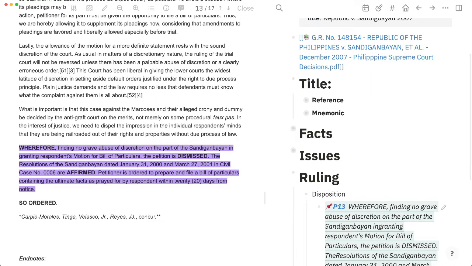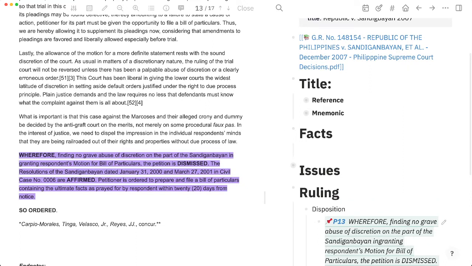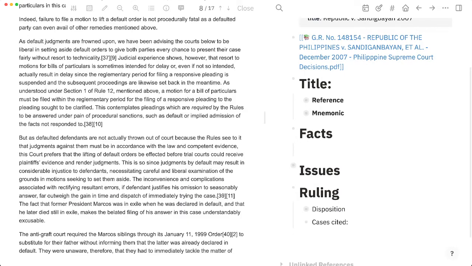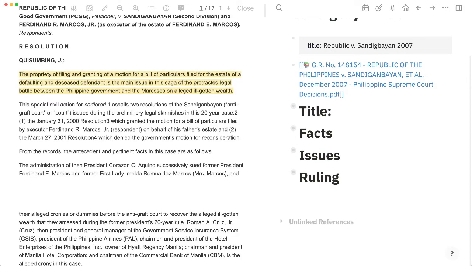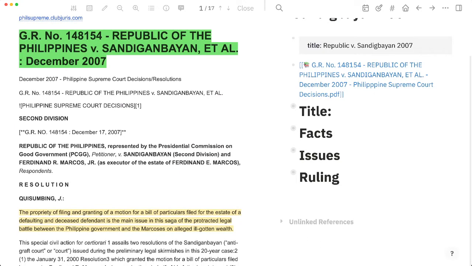So ang nangyari dito, sino yung mga petitioner? The petitioner is the Republic, right? Let's go back there. And then the respondent is Sandiganbayan et al.